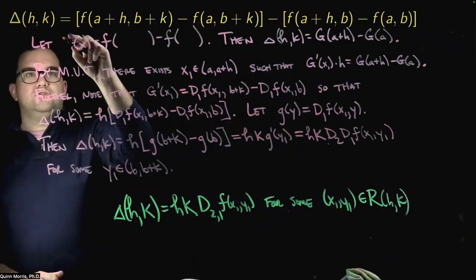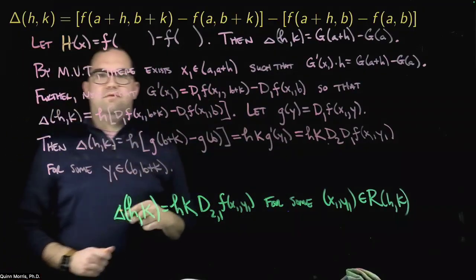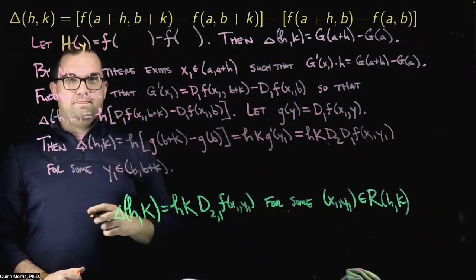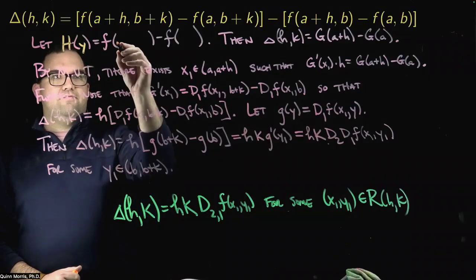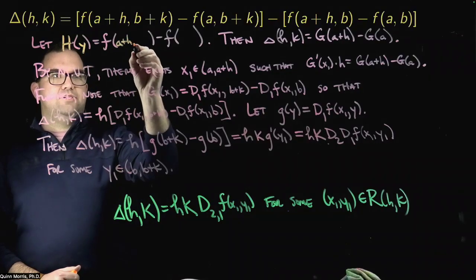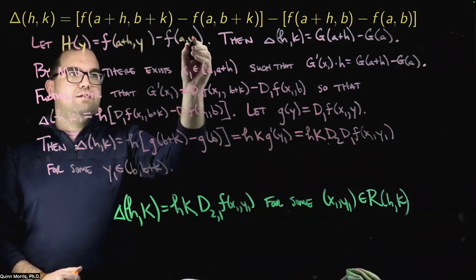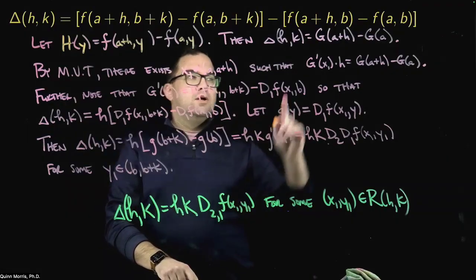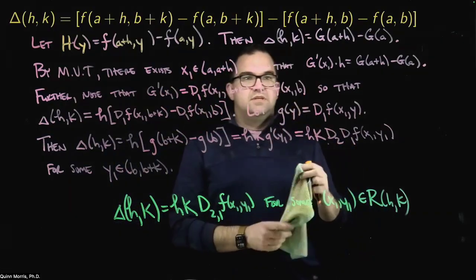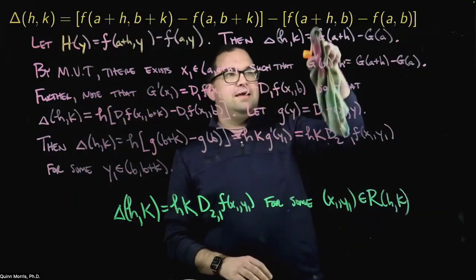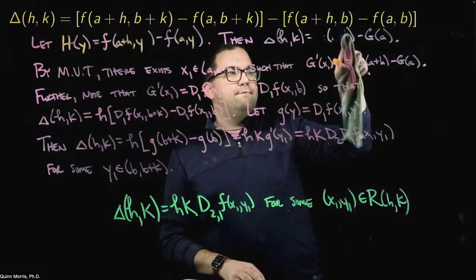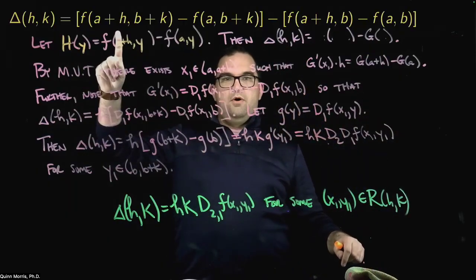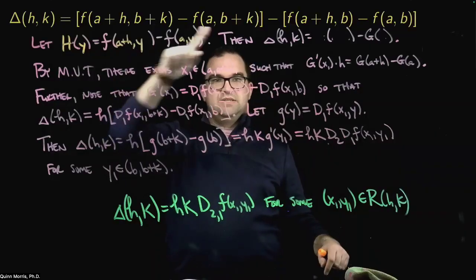So I'm going to define a new function, let's call it h of y. And it's going to be defined as f of a plus h comma y minus f of a, y. Okay. Doing that gives us that delta hk then is, oh, in this form, now this first part is h of b plus k.